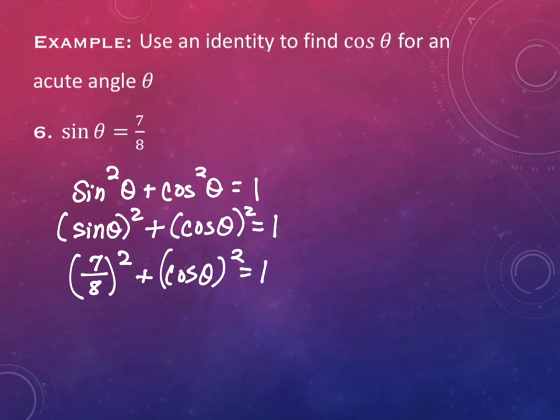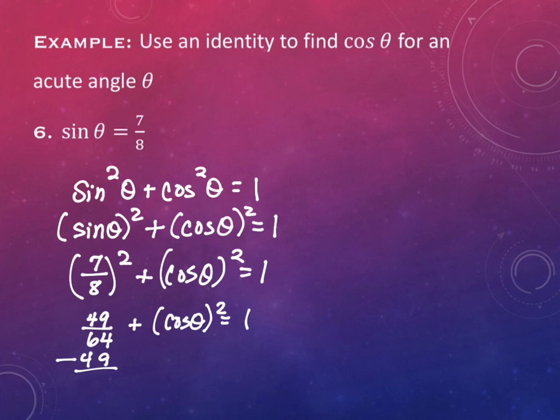All right, what is 7 over 8 squared? Close. 49 over 64. Yeah, 49 over 64. And we're going to then subtract that to the other side, right? So we'll subtract 49 over 64. So if we're wanting to get common denominators, this would be 64 over 64.